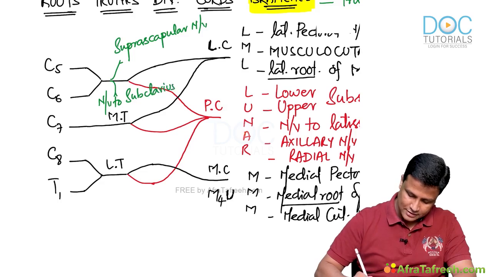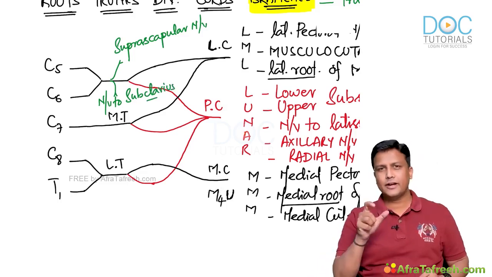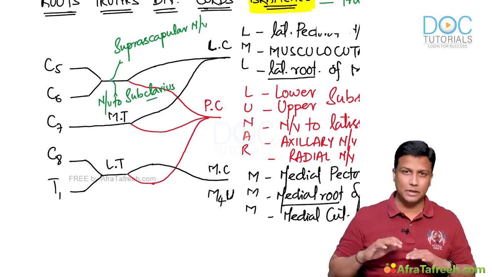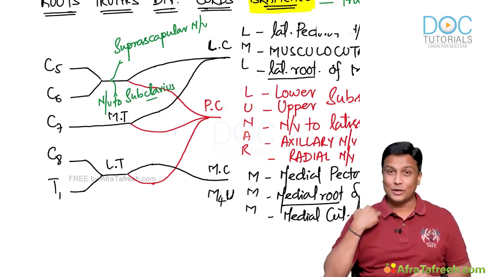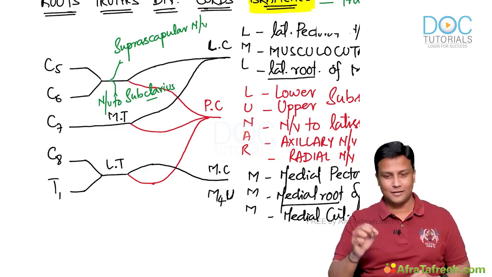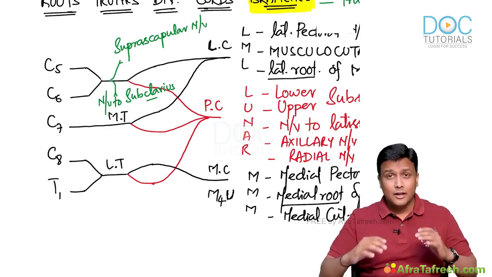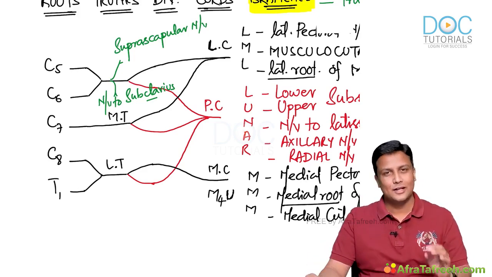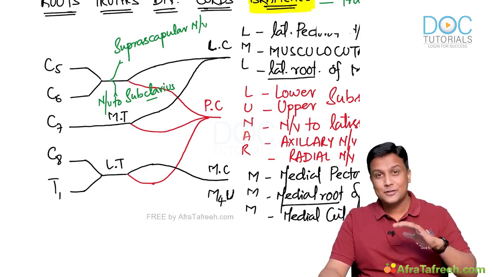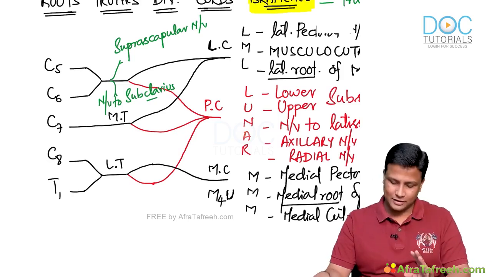Nerve to subclavius muscle. Guys, concentrate on that word subclavius. Sub, below. The word clavius is actually coming from the clavicle. So below your collarbone, the clavicle here, you'll be having a small muscle and that is the subclavius muscle. Nerve supplying to that one will be nerve to subclavius. Simple. Is it okay? So upper trunk will give you two branches, suprascapular nerve and nerve to subclavius.